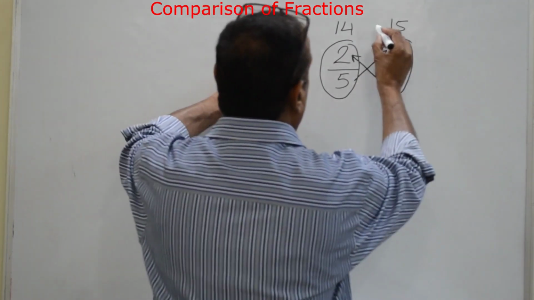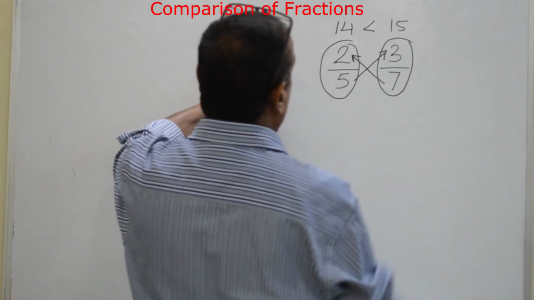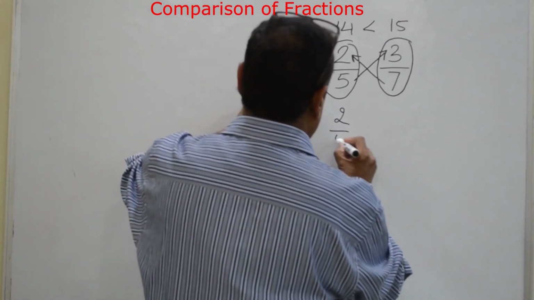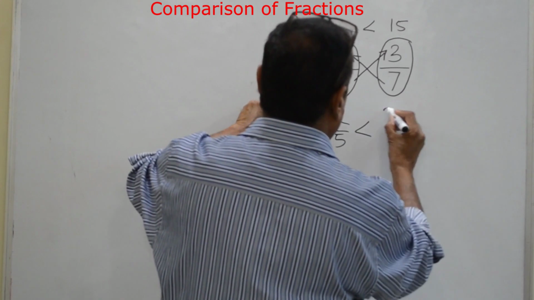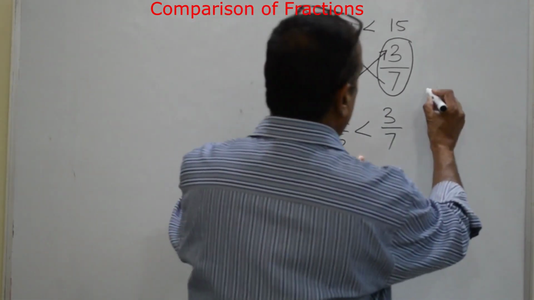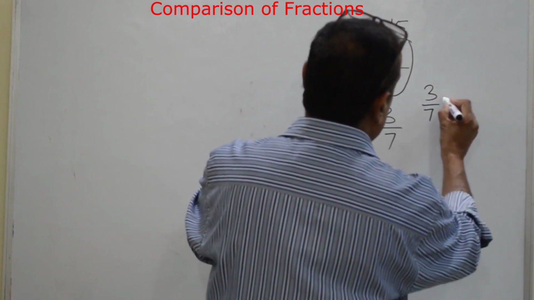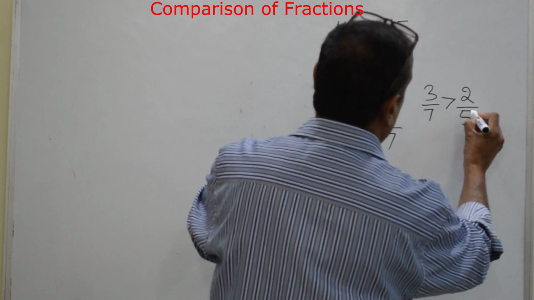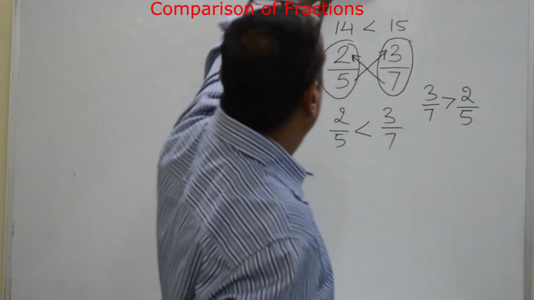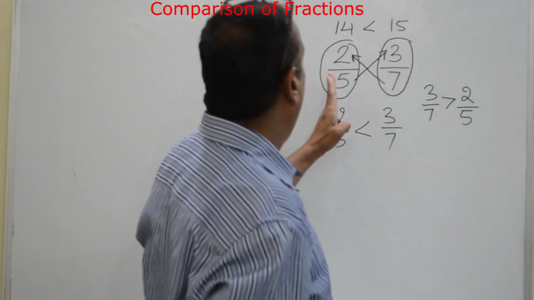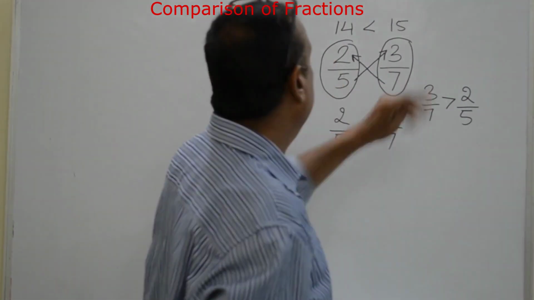Here 14 is less than 15, so 2 upon 5 is less than 3 upon 7. In other words, we can say that 3 upon 7 is greater than 2 upon 5. If these two numbers are equal, then the fractions will also be equal.